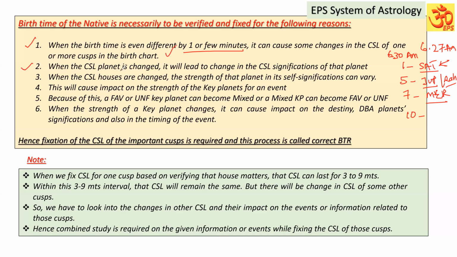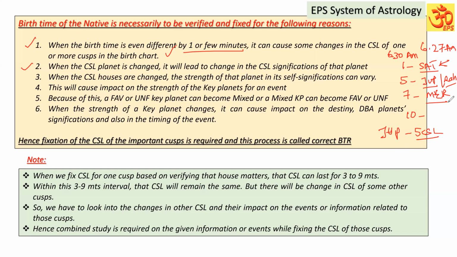When the cuspal sublord planet is changed, it will lead to change in the cuspal sublord signification of the planet. For example, in this case, I said Jupiter is the fifth cuspal sublord. So in the self-signification of Jupiter, Jupiter will have the fifth cuspal sublord in its CSL houses. When the time is reduced by 3 minutes, that Jupiter can lose its fifth cuspal sublord signification.